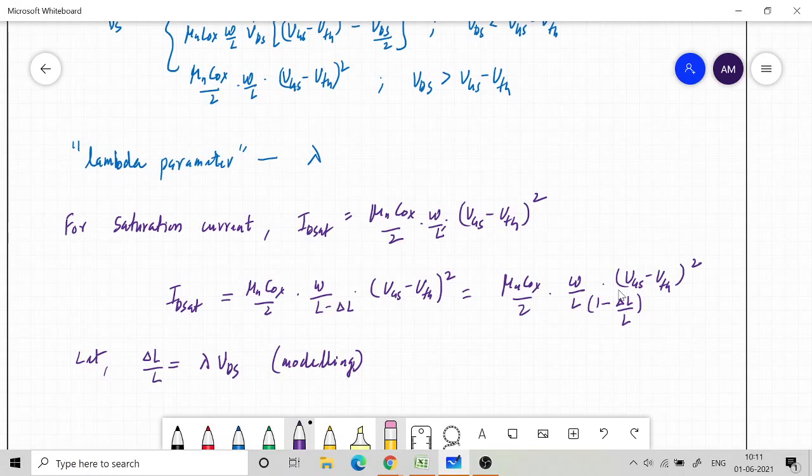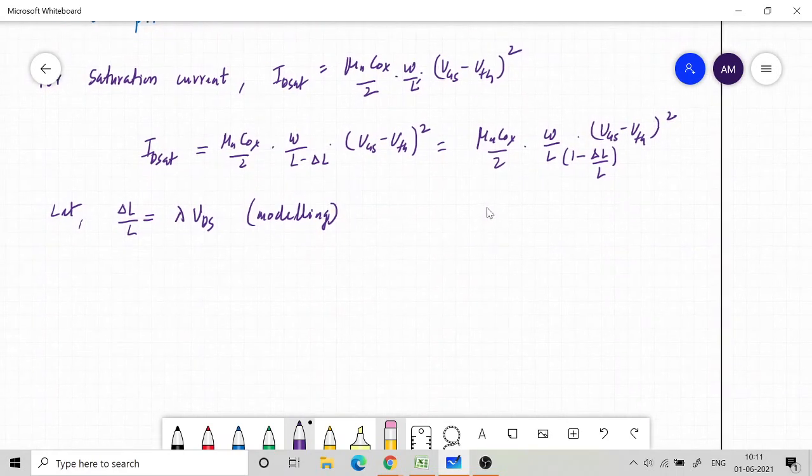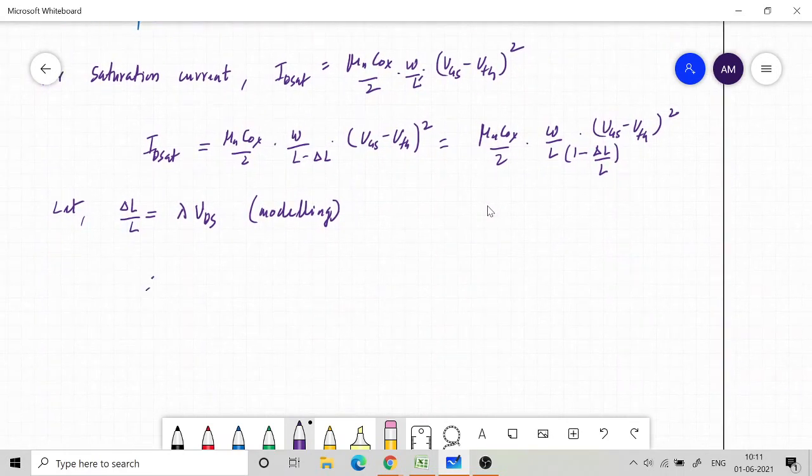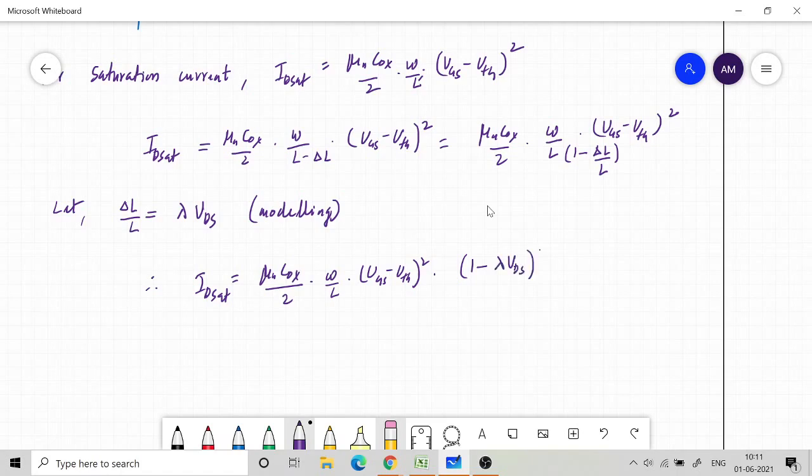So if I substitute that and rewrite the expression, ID sat is basically equal to mu n Cox by 2 and W by L, and then (VGS minus VTH) the whole square, and then I will have 1 minus lambda VDS in the denominator raised to minus 1.